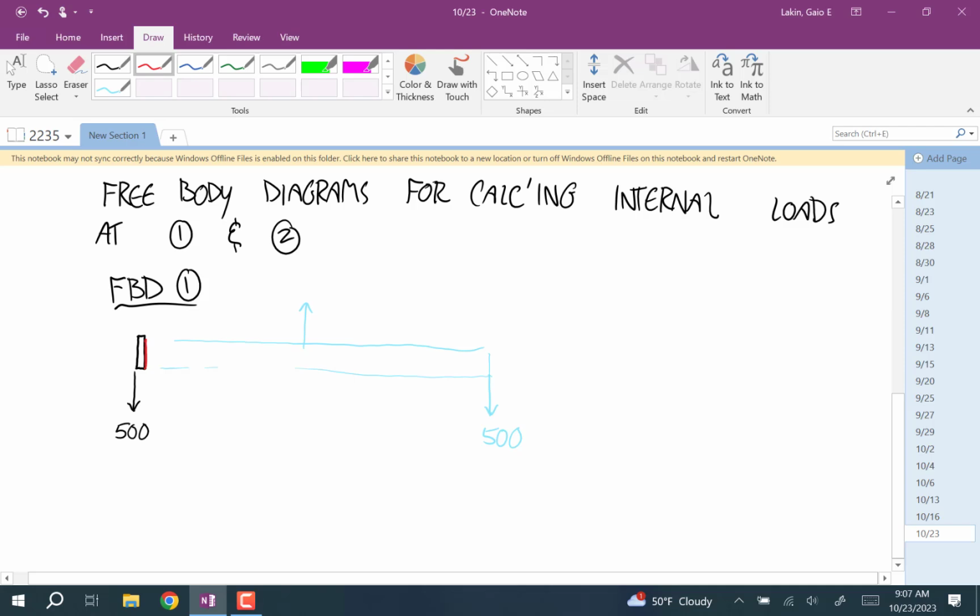If instead of isolating that little sliver, we isolated all the light blue stuff, we have a Newton's third law pair of things, so everything would be reversed. Okay? Well, what we'd like to do is have just a sign convention that's going to give us the same internal loads at a single point, no matter how we calculate it.